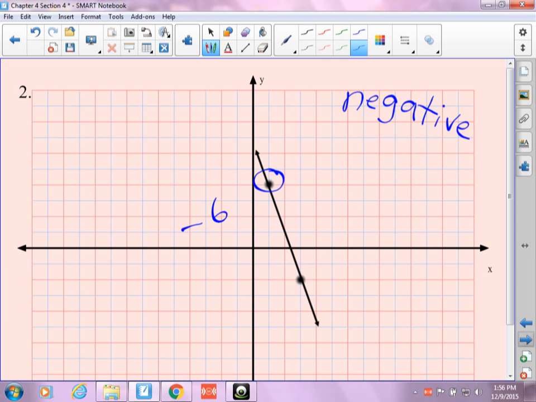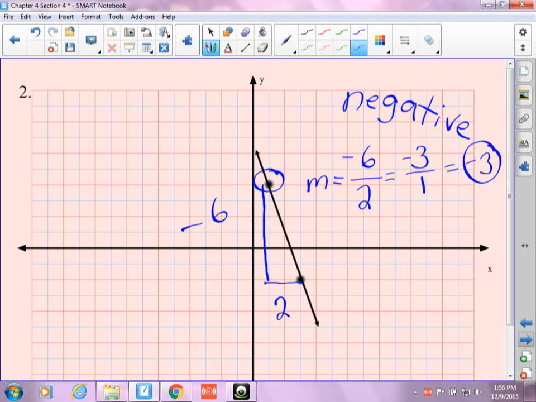I'm going to go down 6. And then, if I move down 6, I go over how many? 2. So M equals, what goes in the numerator? The negative 6 goes in the numerator, and then the 2 goes in the denominator. And then I can reduce that as negative 3 over 1, because they're both even, correct? And then I can go even further and say it's negative 3.